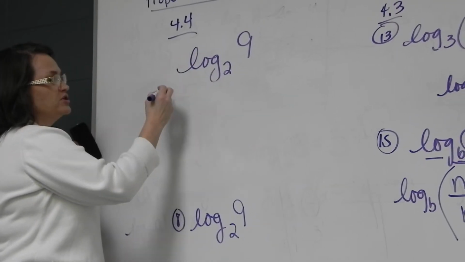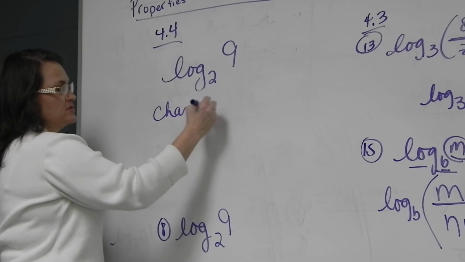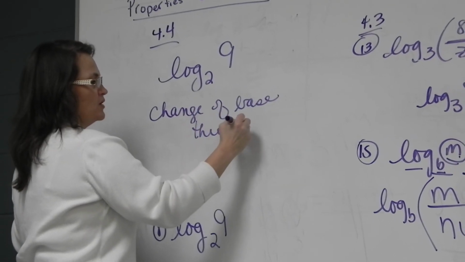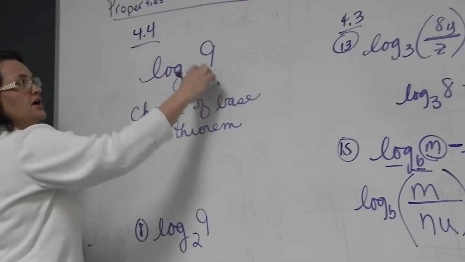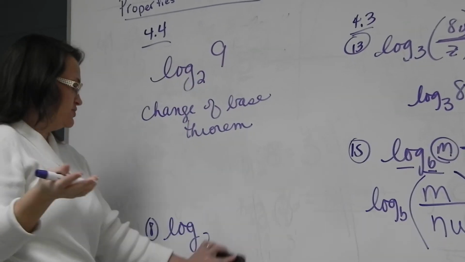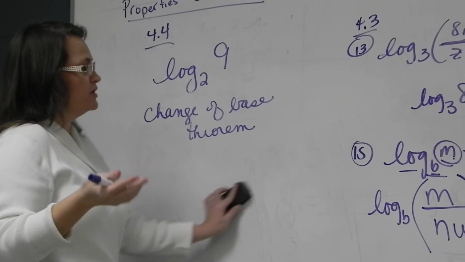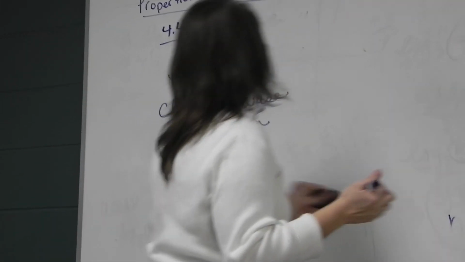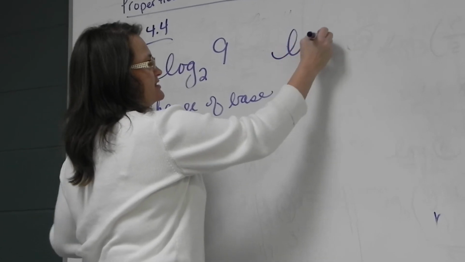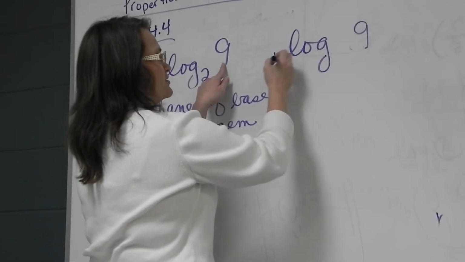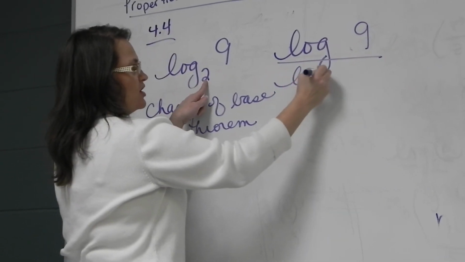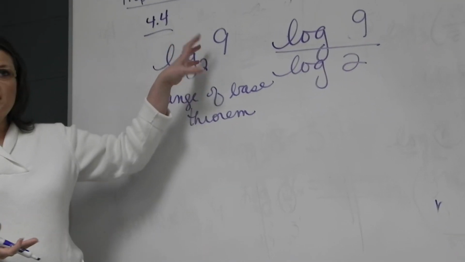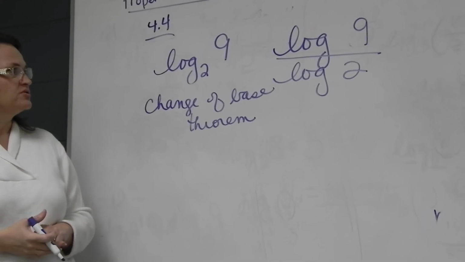So to do this, we're going to use the change of base theorem, which says if you take the log of any base, so you can use your ln button or your log button, those are the two that we have access to easily, it could be the log of any base of the argument divided by the log of the base, then that will ratio that out to tell you what the actual log answer is.